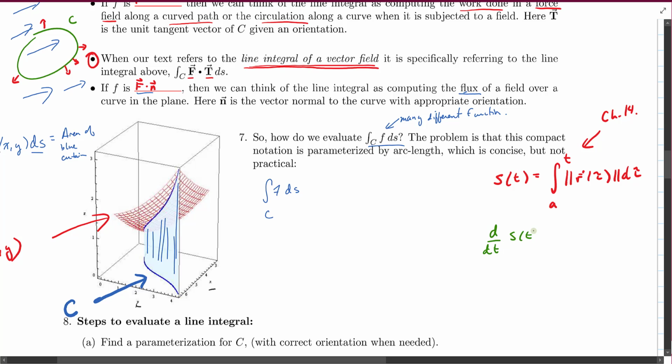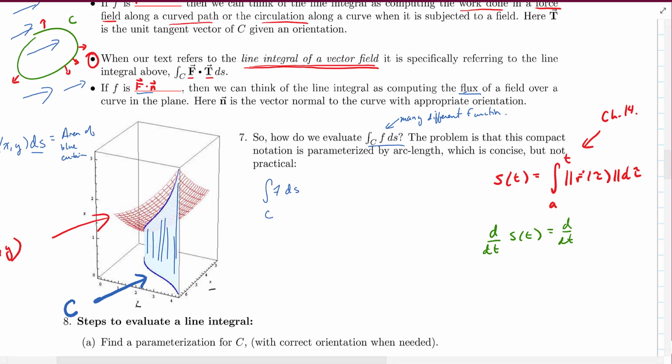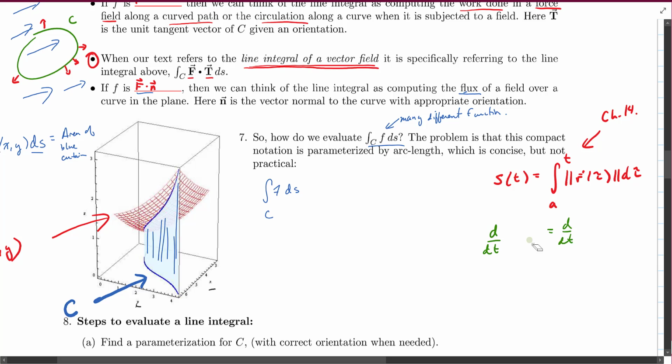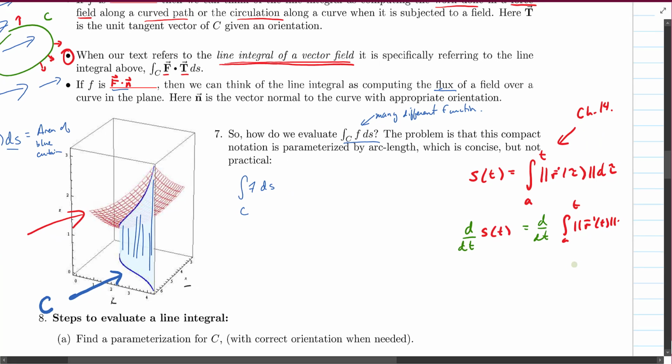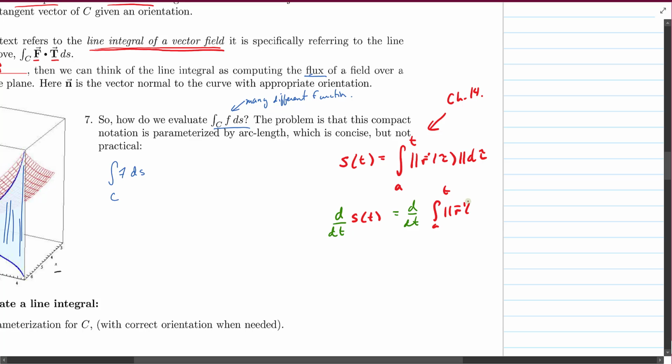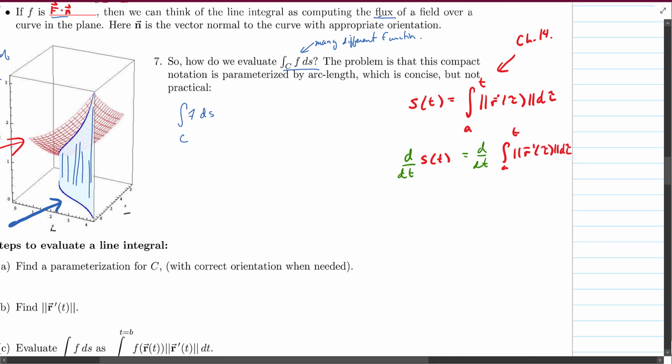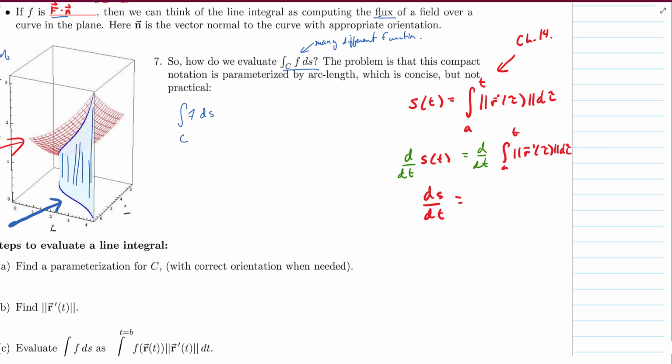So differentiating both sides with respect to t, on the left-hand side we will simply get ds dt. But on the right-hand side, we've got a fundamental theorem of calculus problem.